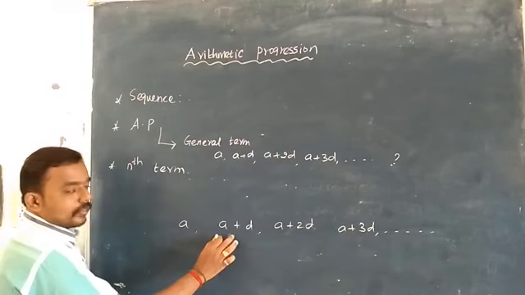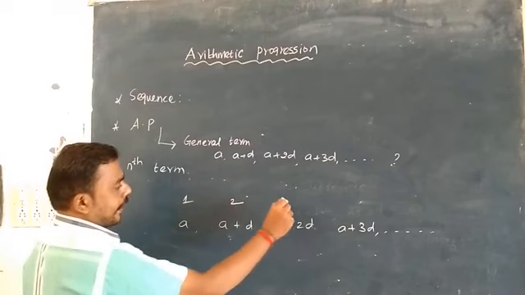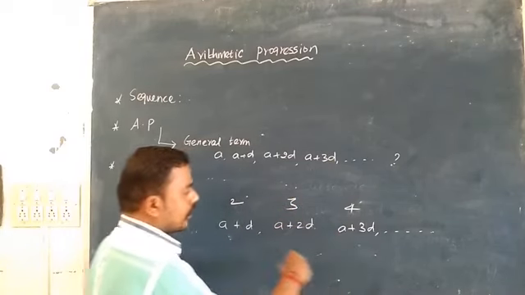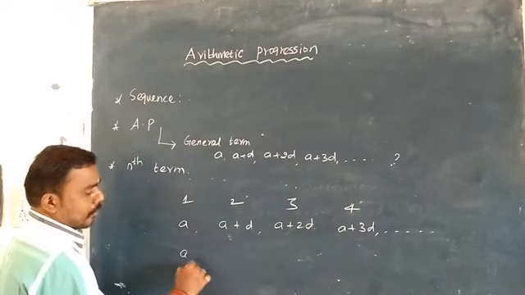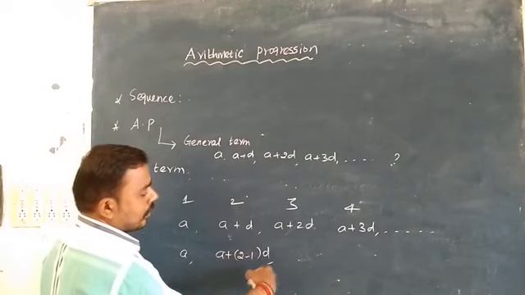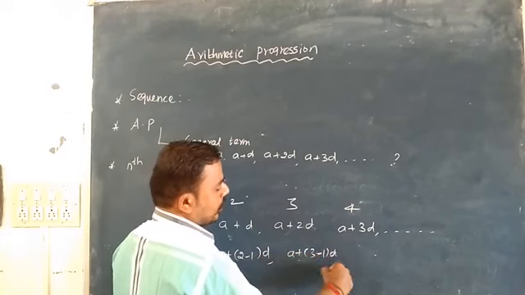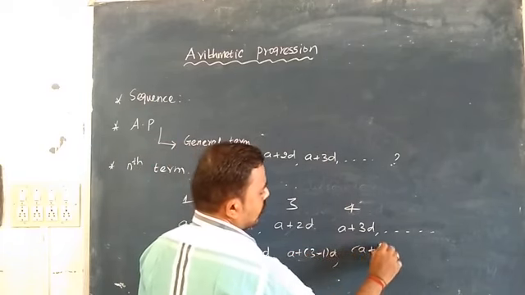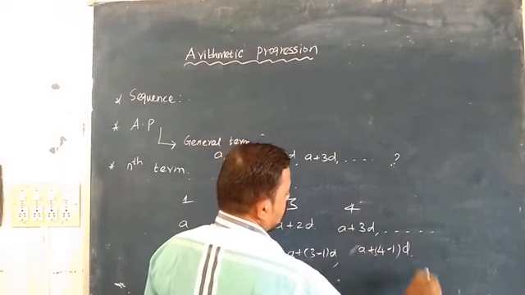Using the numbering first term, second term, third, fourth and so on, here I am going to use A. The second term is A plus (2 minus 1) into D. The third term is A plus (3 minus 1) into D. Here A plus (4 minus 1) into D is the fourth term.